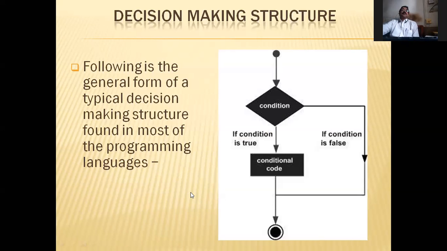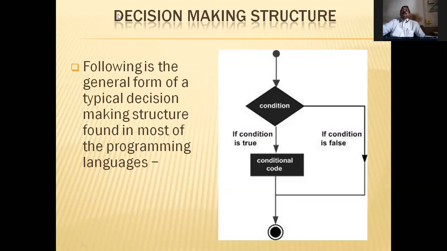See, this is the decision making structure, where these conditions will always be tested. This is the general form of a typical decision making structure. Most programming languages prefer to use these conditions.